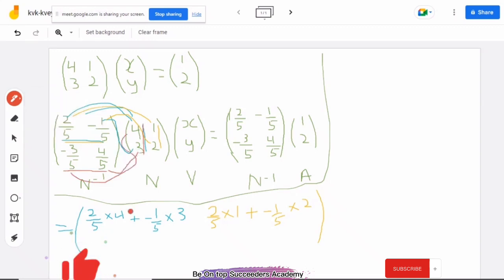The first column of the second matrix would be -3/5 by 4 add 4/5 by 3.